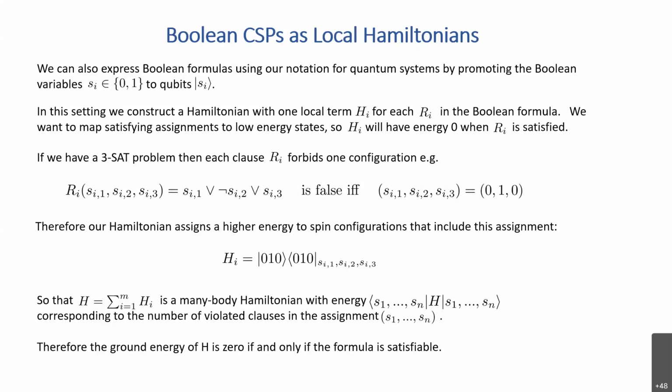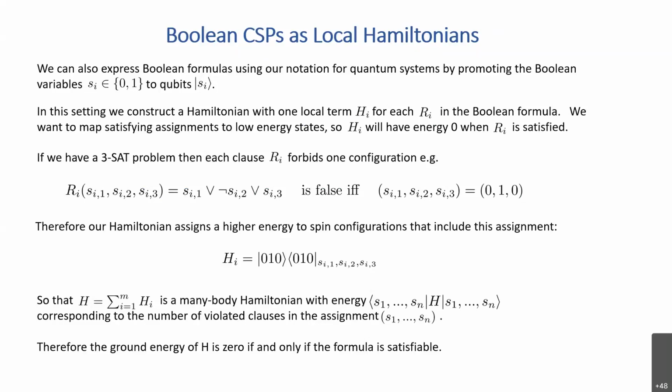We want to map satisfying assignments to low energy states. So if clause r sub i is satisfied, we want the Hamiltonian term h sub i to also have energy 0.